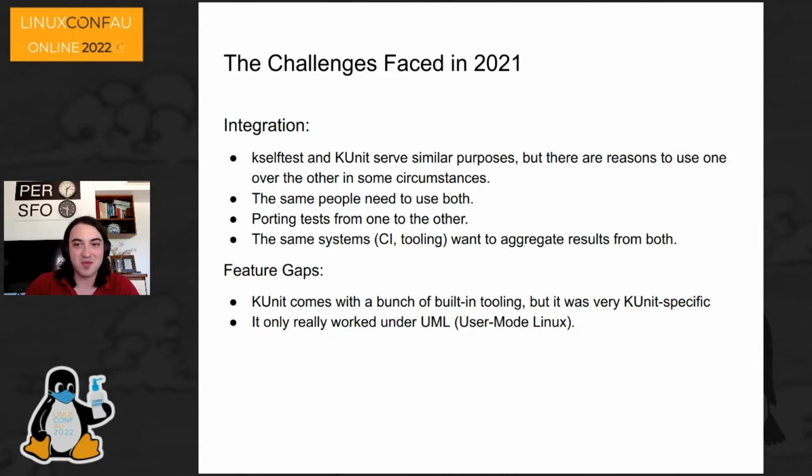You want the same CI systems and the same pieces of tooling to be able to handle results from kselftest and KUnit the same way. The other thing is there were some feature gaps that KUnit, and in particular KUnit's tooling, has had compared to kselftest. The main one is that KUnit's tooling was entirely based around something called user mode Linux, or UML.